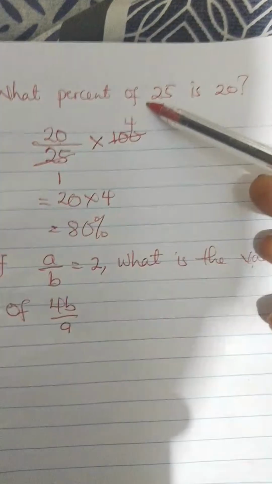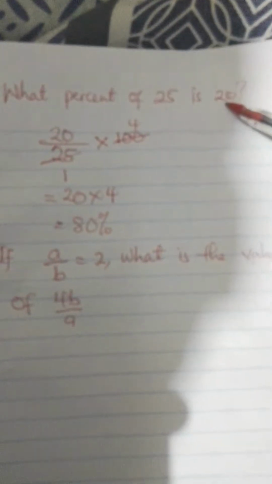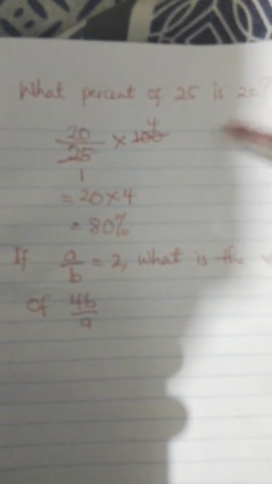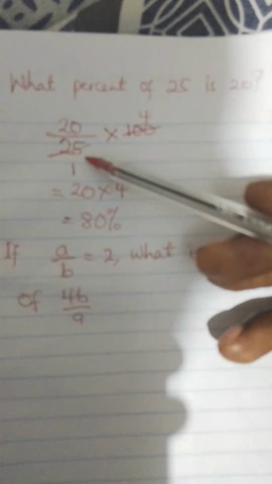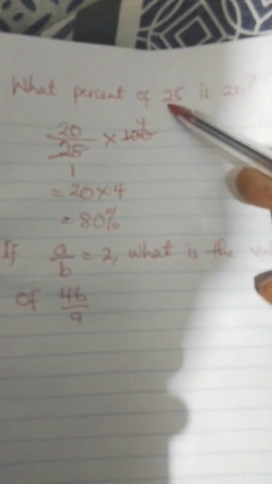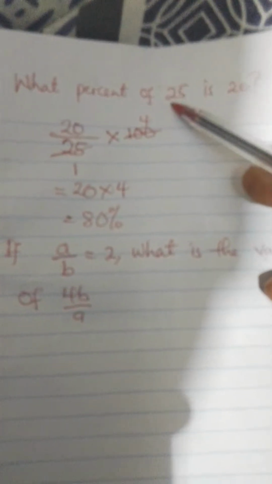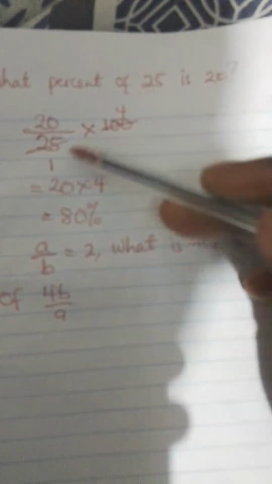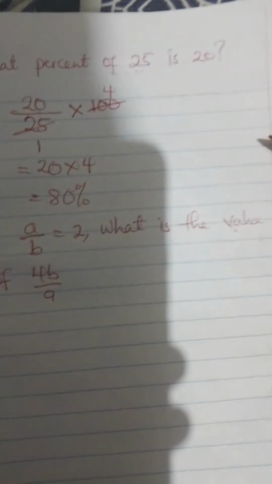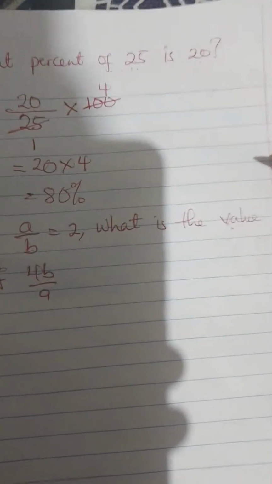What percent of 25 is 20? So with this, you have 20 on 25. Because the word "of" comes before 25, 25 becomes the denominator, then the 20 is the numerator. So times 100, you have 20 times 4, that is 80%.